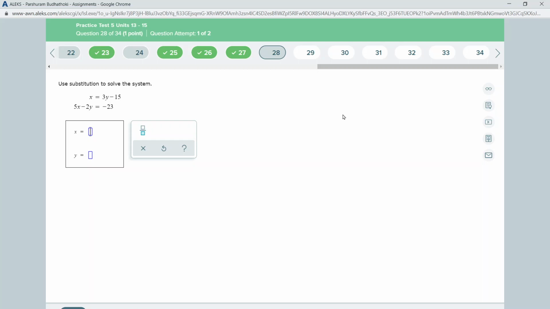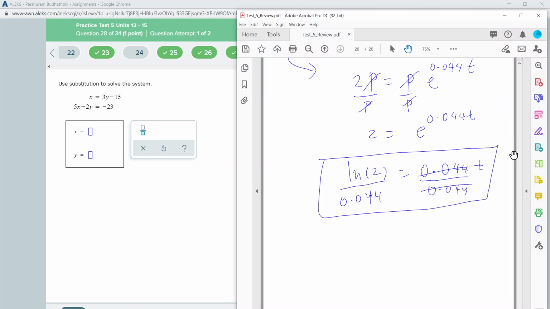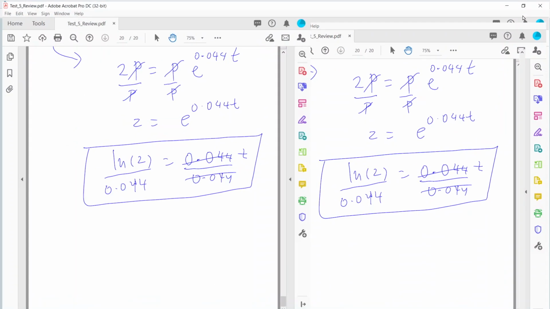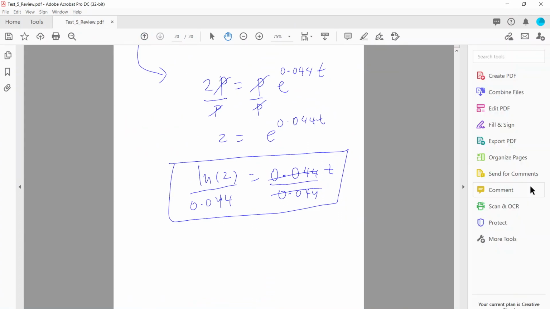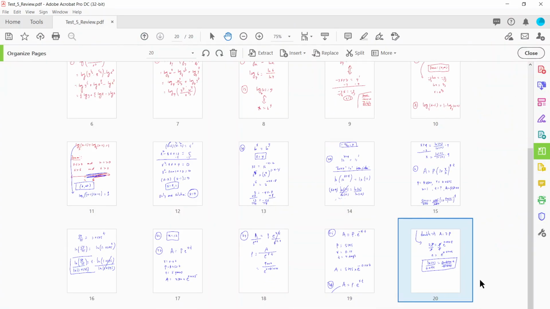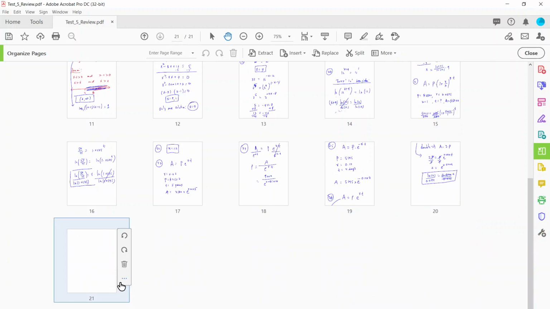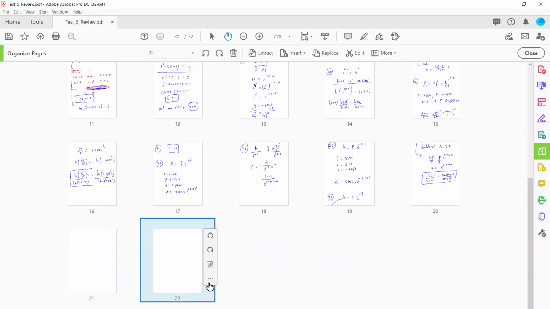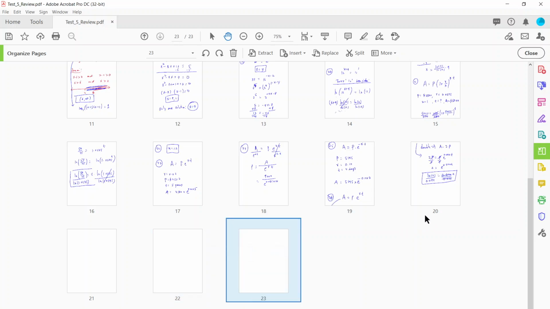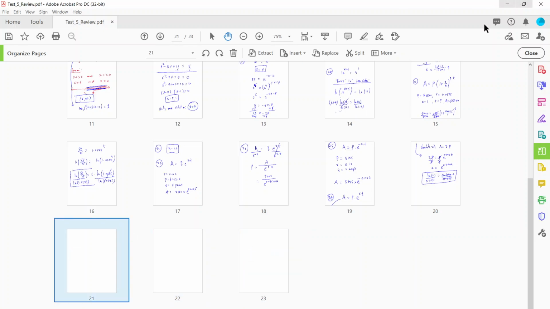So use substitution to solve the system. You have a given system of equations, and you want to use the substitution method. So let me just add an extra page here. Substitution method.